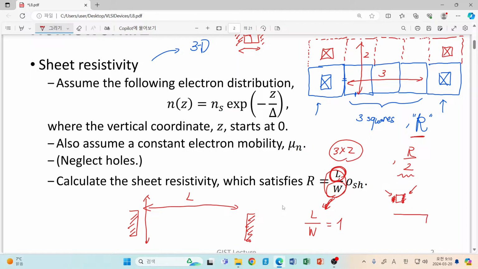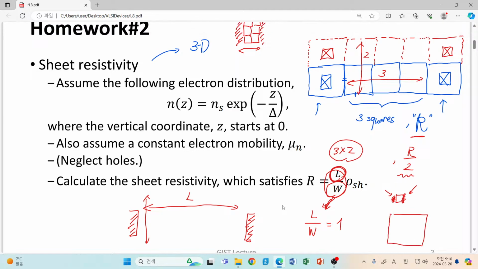And now let's consider a little bit wider square between this and that. So what will be the resistance? If this one has a resistance R, then what will be the resistance of this square? This simple expression shows that it corresponds to the same value R.